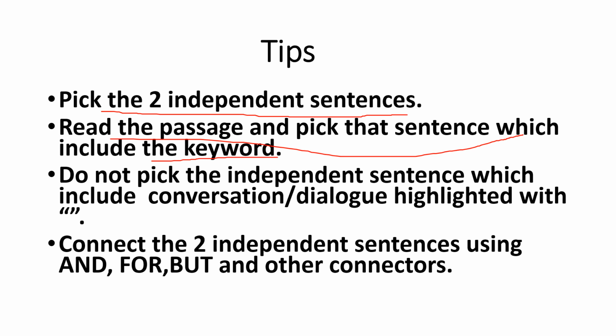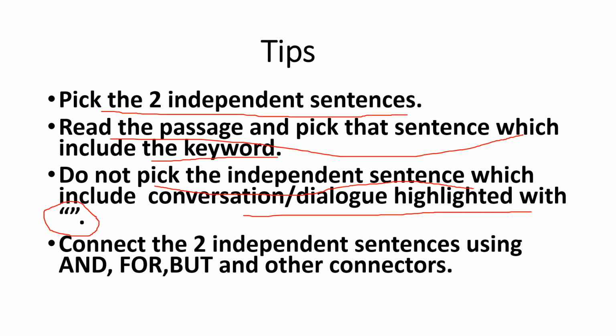Now the third tip is, do not pick an independent sentence which includes conversation or dialogue highlighted with inverted commas. This is very important, guys. There are some examples, such as experiments or studies which are described thoroughly in the passage; in most cases these do not contain the central idea of the passage.